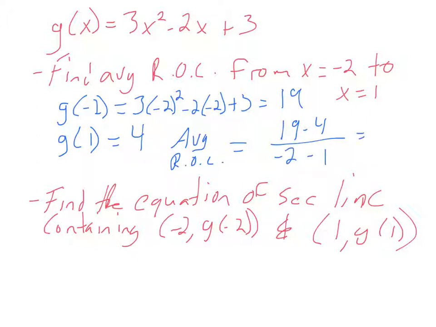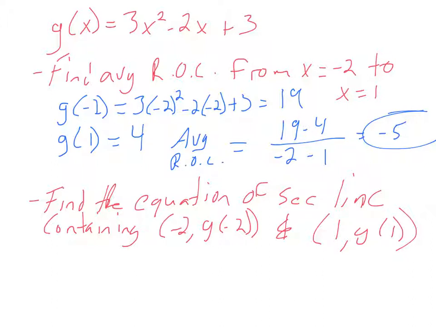So we'll get 15 over -3, sorry, which is going to be -5, right? So the average rate of change of the function is -5. That's the slope. That's the average slope, right, of the function from -2 to 1, which is the slope of the secant line that connects the points -2, 19, and 1, 4.